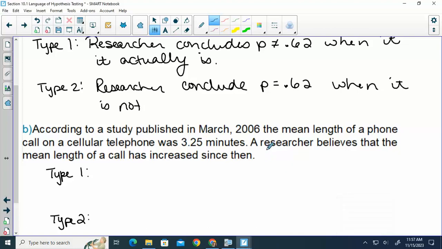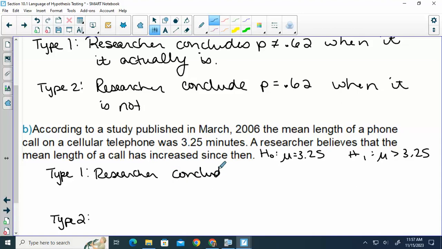So remember, from when we did this example, the null hypothesis was the mean is 3.25. The alternative was that the mean is greater than. So what would type 1 error be? Concludes greater than. Okay, and the reason this one's greater than versus not equal to was the difference in the alternative hypothesis on those problems.